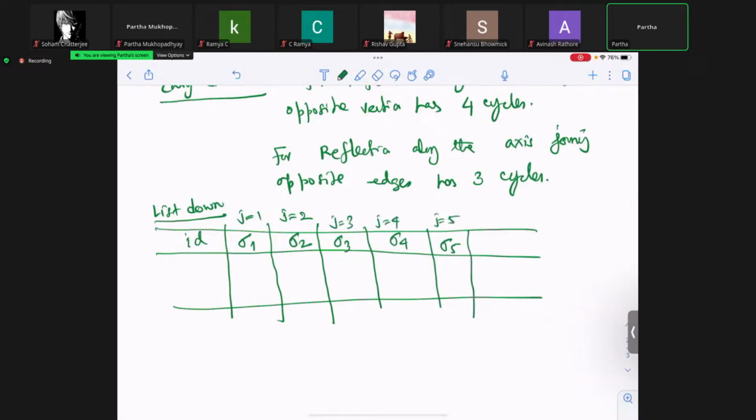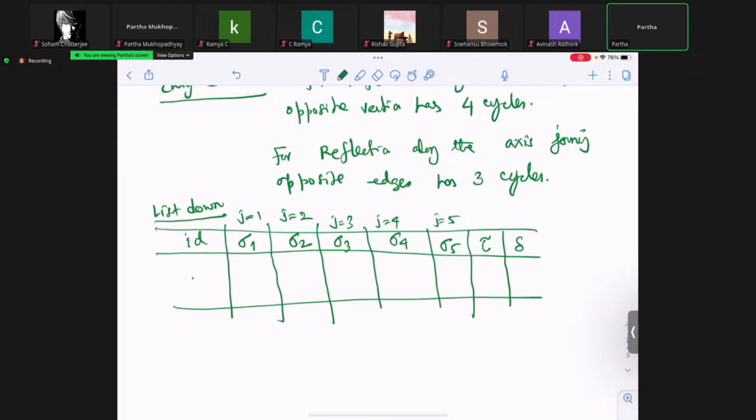Then you have the reflections along the axes through vertices and through edges. Let's denote them by tau and delta. Remember that there are 3 taus and 3 deltas.